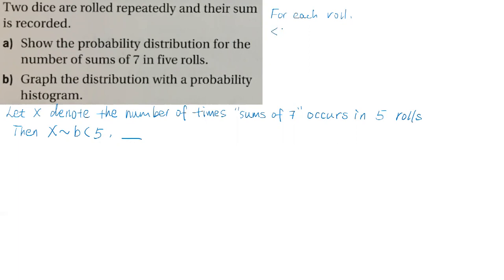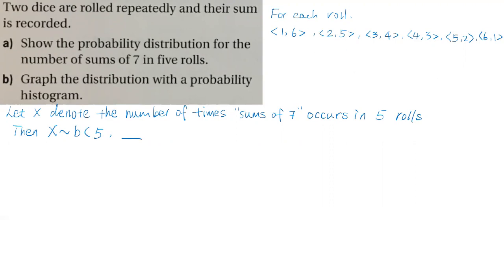We can have 1, 6, right? Because there are 2 dice. Or we can have 2, 5 to have a sum of 7. Or 3, 4. Or 4, 3. Or 5, 2. Or 6, 1, right?